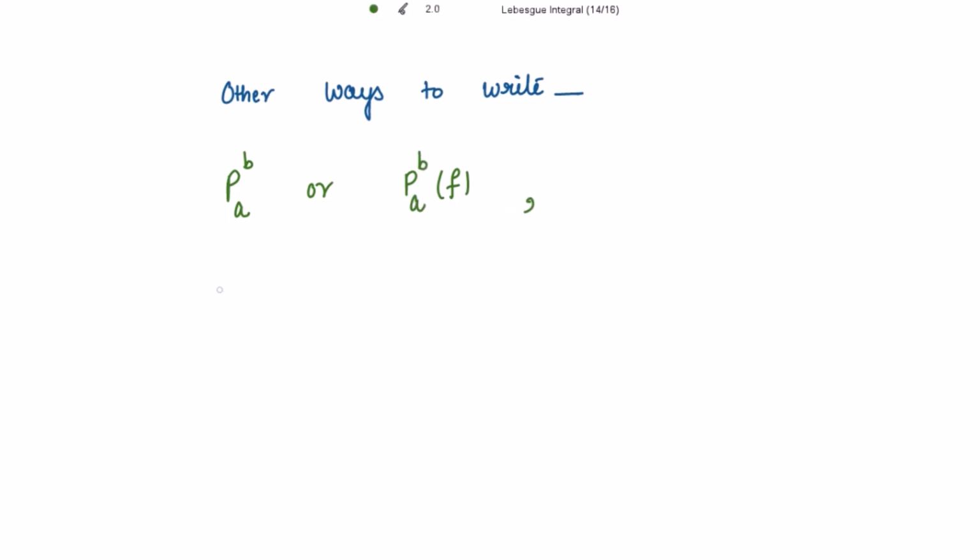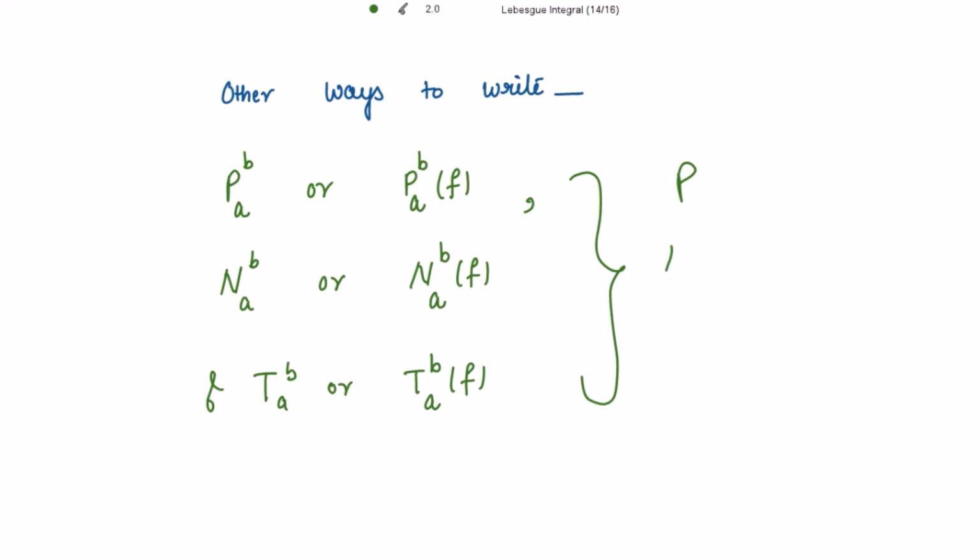Similarly, writing the negative variation, N ab, or you can also write this as the negative variation of f over closed interval [a, b], and T ab, or the total variation of f over the closed interval [a, b], in place of P and T, to denote the dependence on the function and also on the closed interval [a, b].